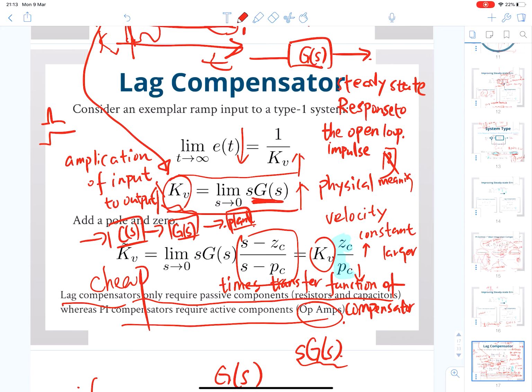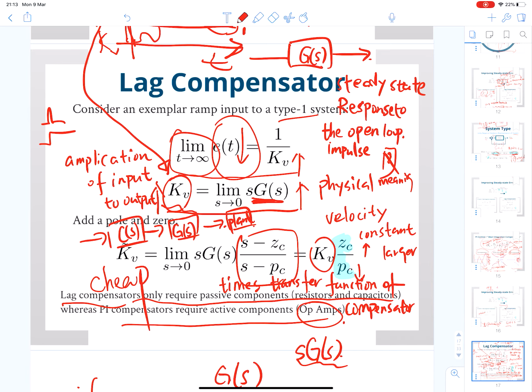We can consider an example for a ramp input of a type 1 system. And for example, let's assume this is correct. So this is the limit as t goes to infinity of e(t), the limit error.